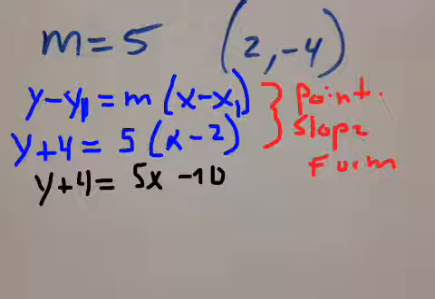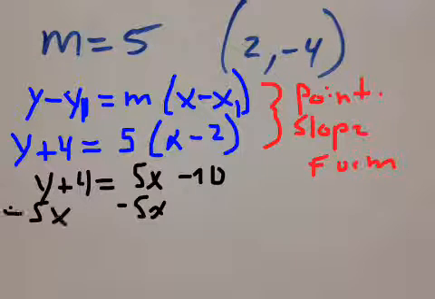Okay? If you look on the board again, you'll see to the right, standard form is ax plus by equals c. And so what we want is to move the x over to the left with the y. In order to do that, we subtract 5x on both sides.